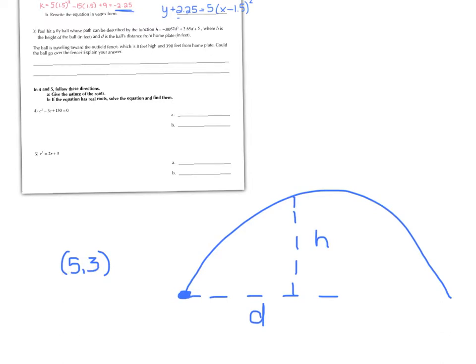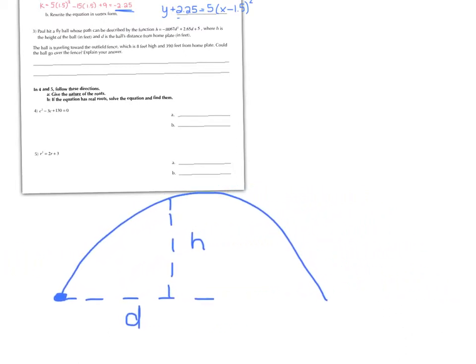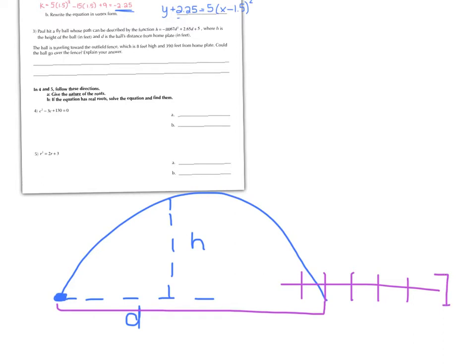Okay, so the situation is we've got a fence out here somewhere. And we know how far away the fence is from home plate, and we know how tall the fence is, okay?